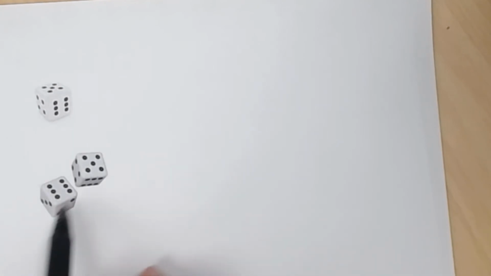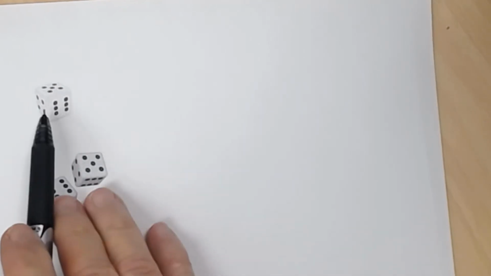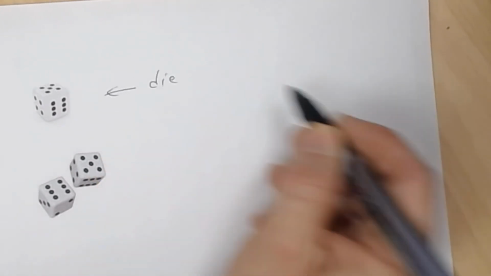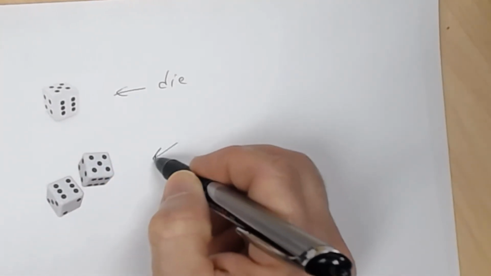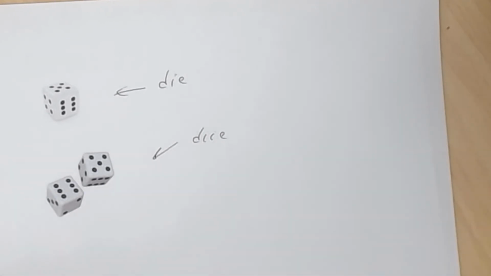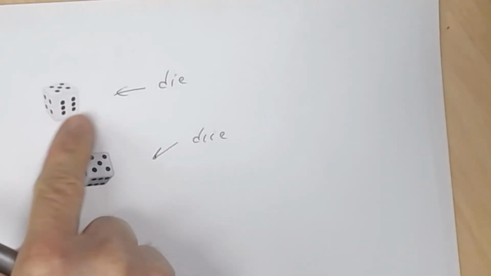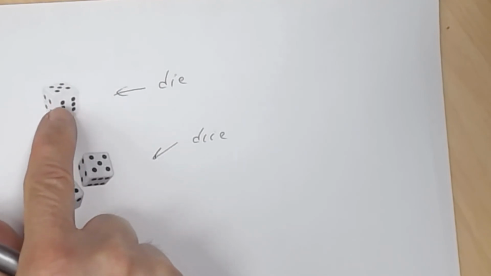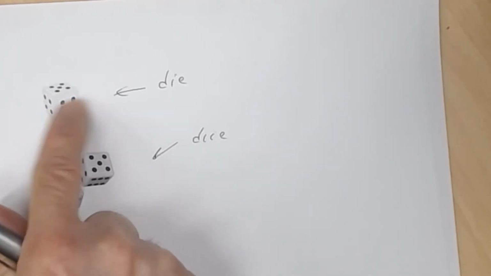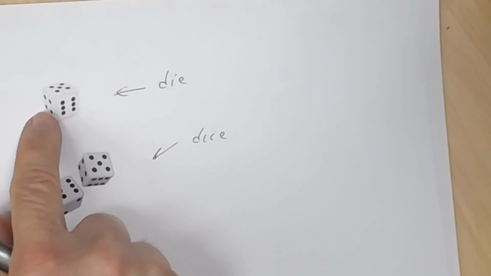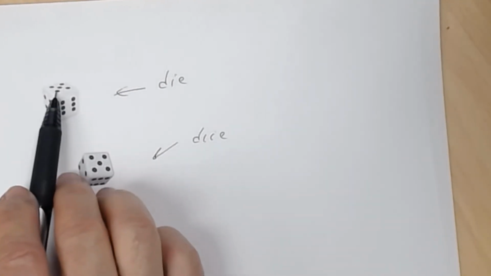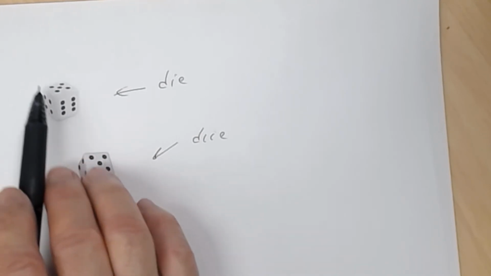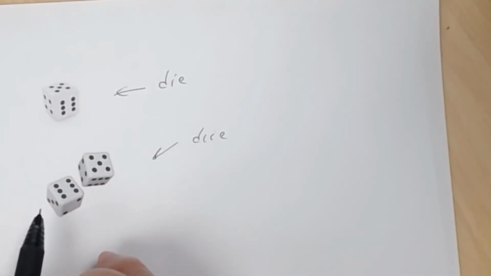Dice means plural. A die, D-I-E, means singular. Notice that on a die, each side has a certain number of dots. There are 6 sides to a die, right? So you have either 6 dots, 5 dots, 4 dots. On the other side, you have 3, then 2, and then 1.